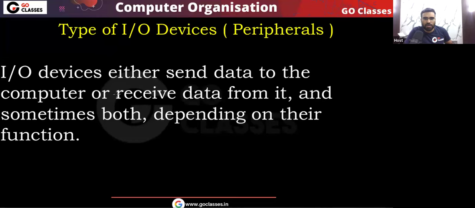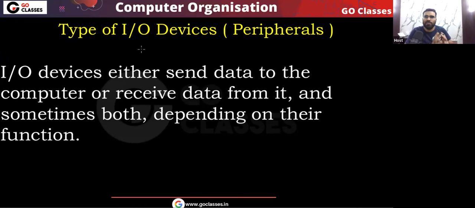Now there are two types of IO devices, depending on whether they are input or output. IO devices are either input devices, meaning the user can give input to the computer, for example your keyboard, your mouse.